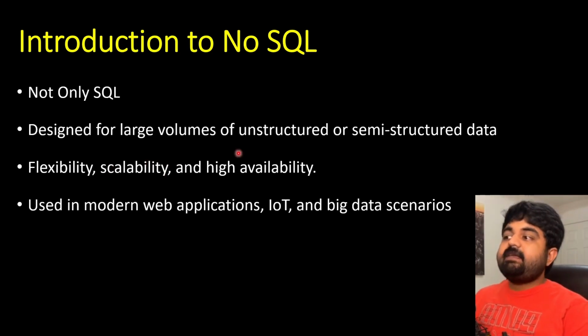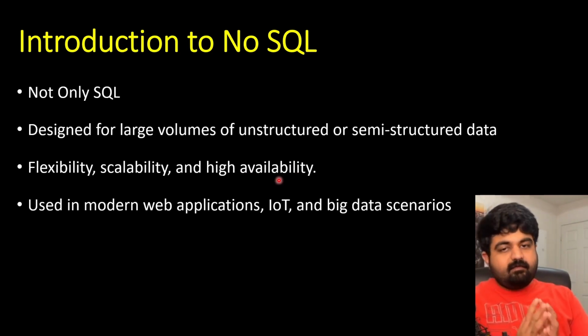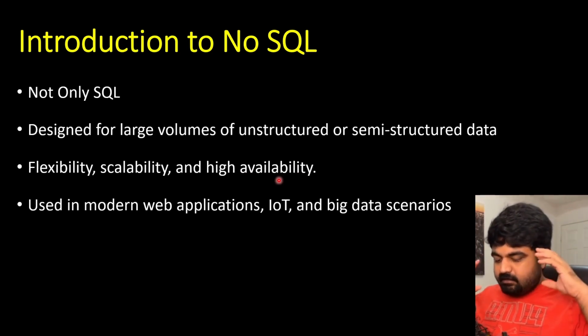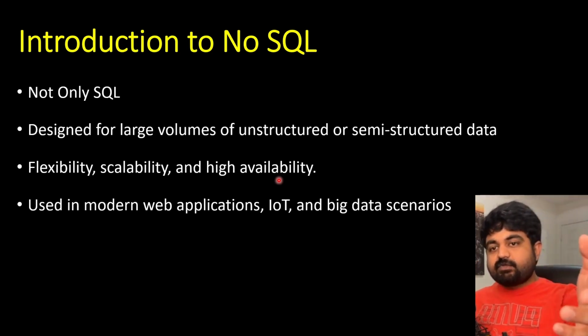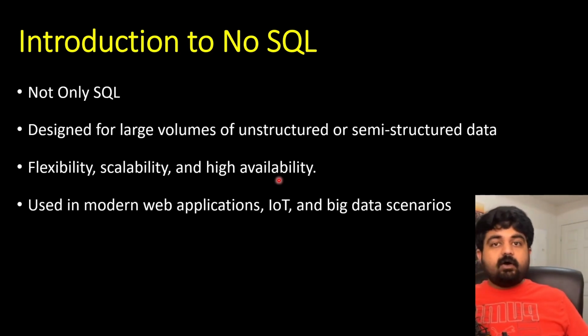And the next one is high availability, because whenever you are designing a system, you want it to be available all the time. And NoSQL is fully used in all the applications we use today, no matter how small or big, whether it's your digital dishwasher, your computer, your keyboard, your Roomba, or your IoT device.